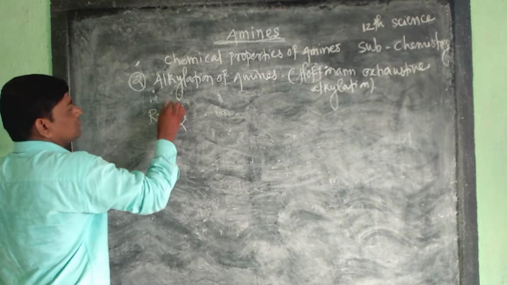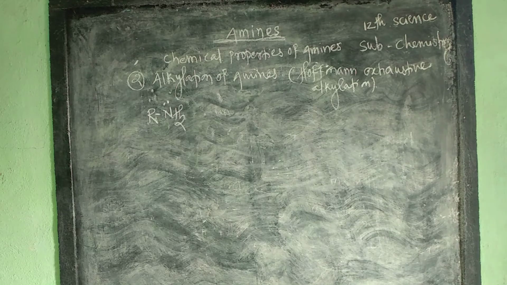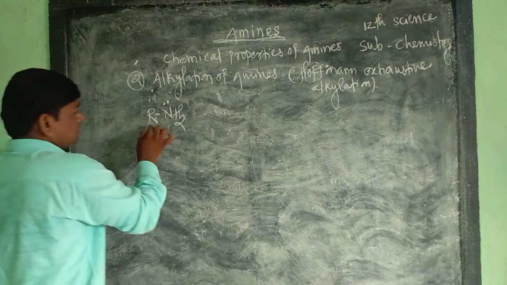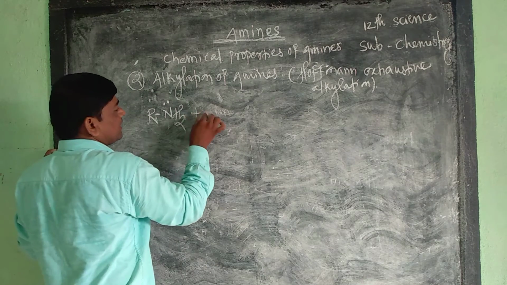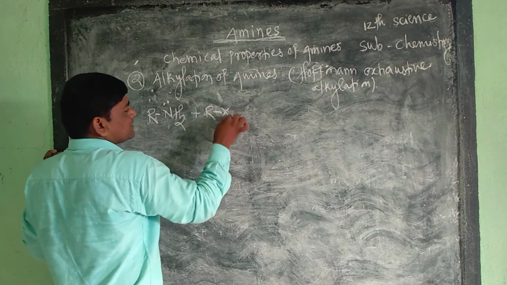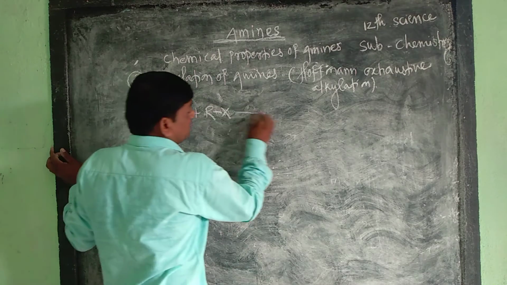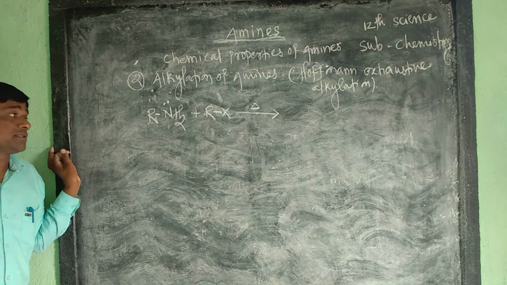In the general reaction, the primary amine is reacted with an alkyl halide, RX, and then it undergoes heating to give the product.